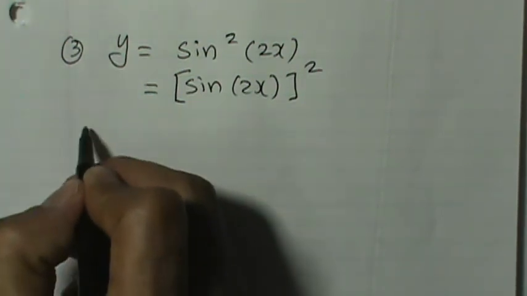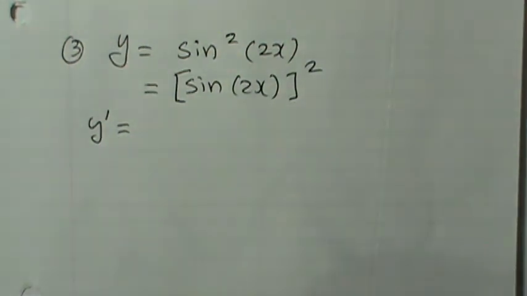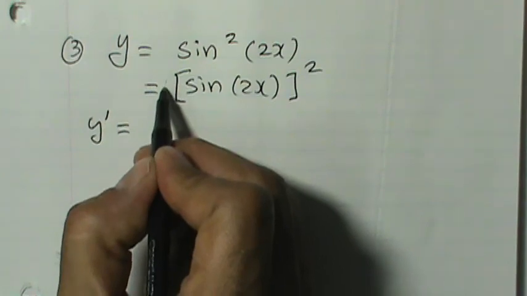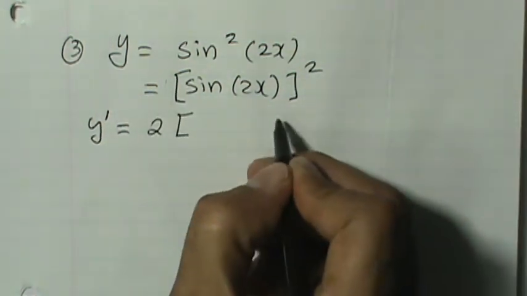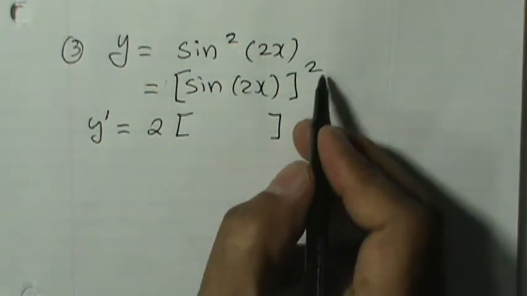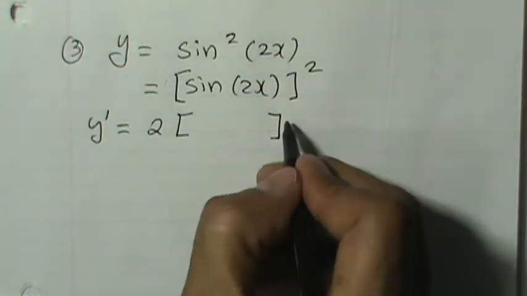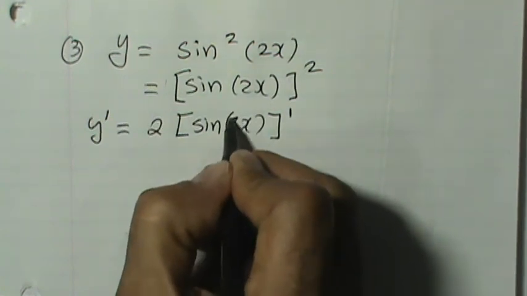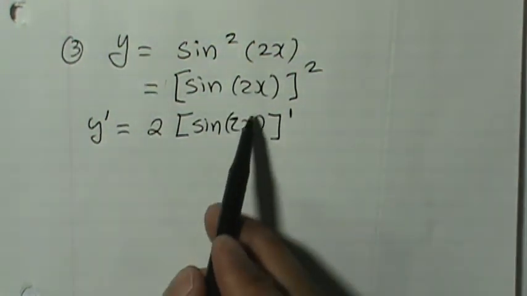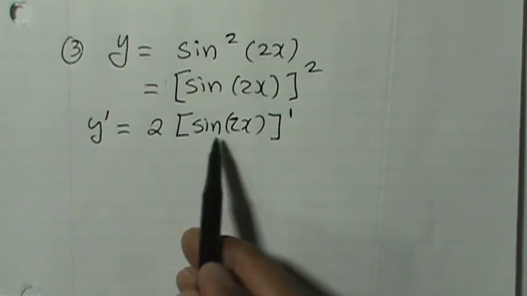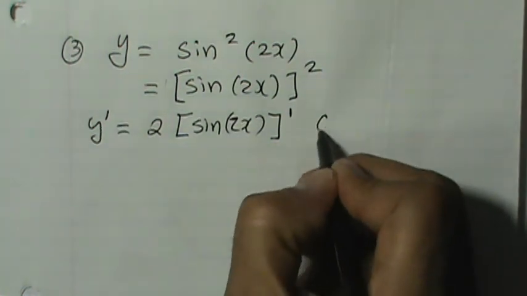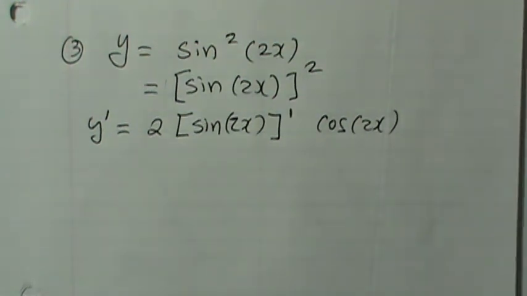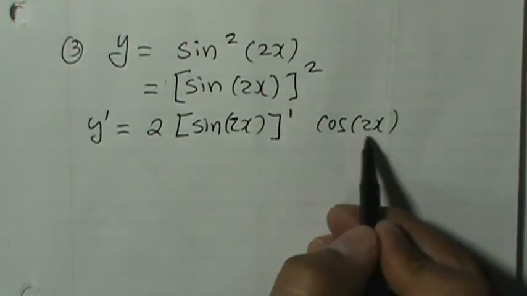So y prime or dy by dx would equal the exponent 2 multiplied by the bracket, and then we reduce the exponent by subtracting 1, so it'd be 1. So we have sine 2x to the power 1. Now we take the derivative of inside the bracket, which is sine theta. We said the derivative of sine theta is cos theta. Then we go deeper to find the derivative of theta.